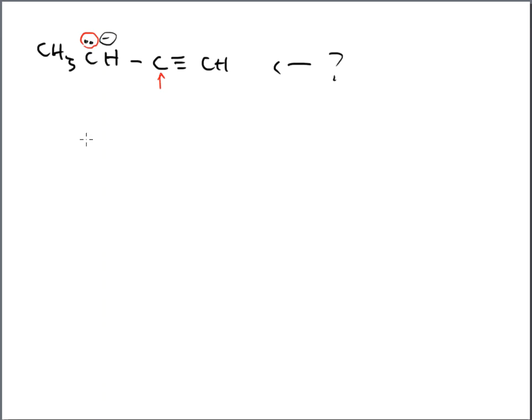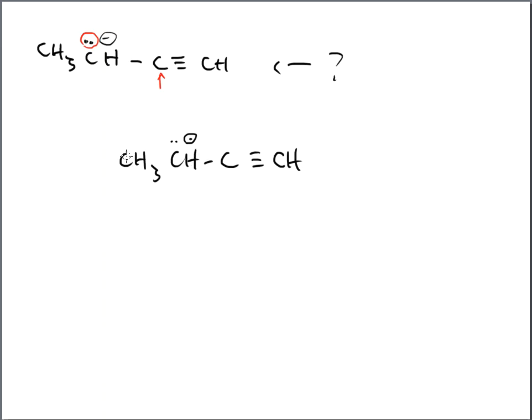All right, so if I redraw the original, CH3, CH, C, triple bond, CH. Let me write that a little bit better. And then here I have a free set and a negative charge on that carbon.